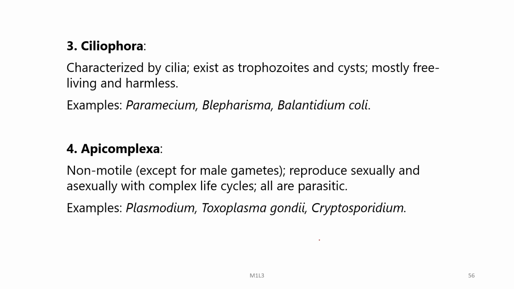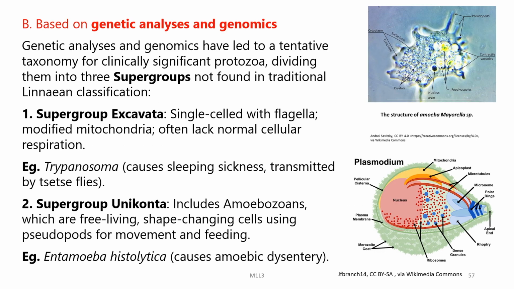Some examples include Paramecium, Blepharisma and Balantidium coli. Then come the Apicomplexa. These are non-motile except for the male gametes, and reproduce sexually and asexually with complex life cycles. All of them are parasitic. We have famous examples like Plasmodium, Toxoplasma gondii and Cryptosporidium under Apicomplexa.